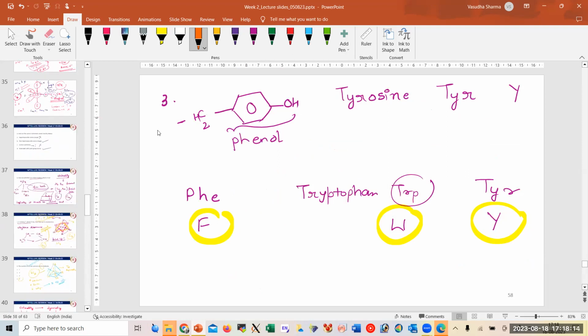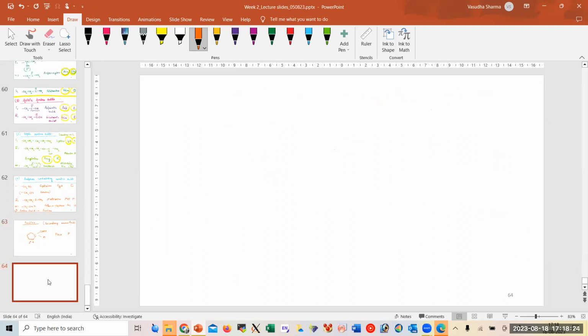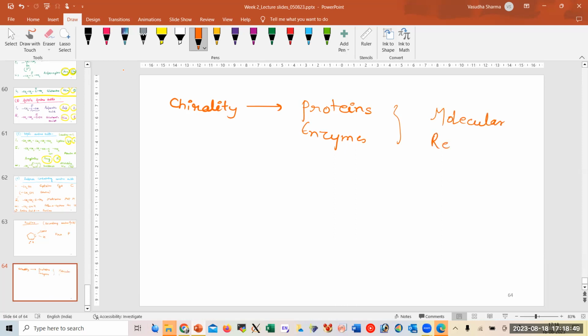The only thing is the chirality. We are dealing with biological systems, proteins, carbohydrates, enzymes, and they have a property of molecular recognition, which helps in antibacterial activities, and for that a lock and key mechanism is there.